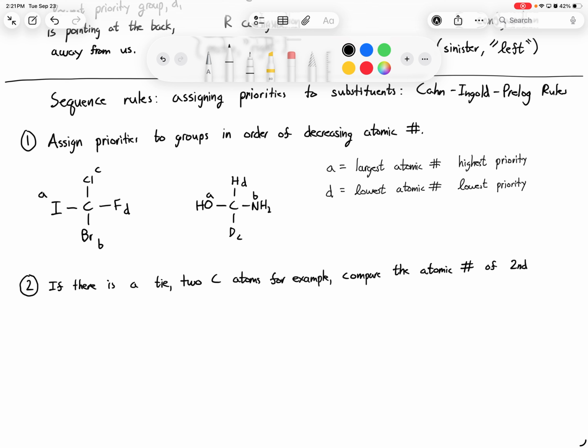All right, so I say second, but what if there's a tie in the second atom? What do you do then? Go to the third atom, right? So I'm going to do second, third, fourth, etc. So compare the atomic number of the second, third, fourth atom in each group.